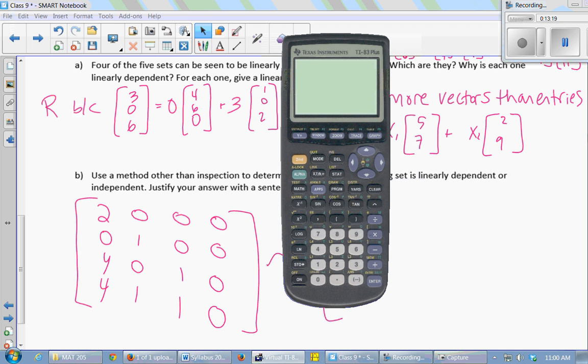Okay, so I go into matrix, edit, and I want a 4 by 4 matrix. 2, 0, 0, 0, 0, 1, 0, 0, 4, 0, 1, 0, 4, 1, 1, 0.